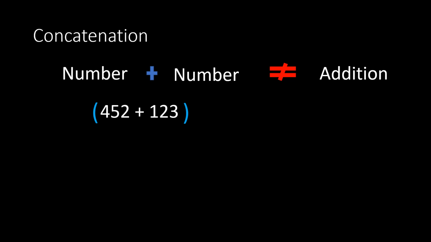When concatenating numbers, it is not addition. It is the joining of 2 numbers. If you want to add numbers, then you need to add parentheses around the equation, which we will get to later on. And then Java will know that that is a specific equation.